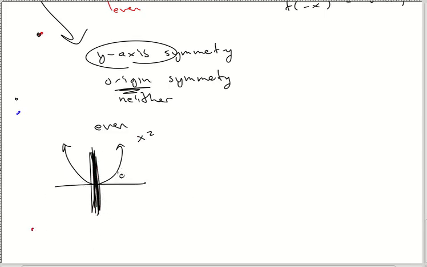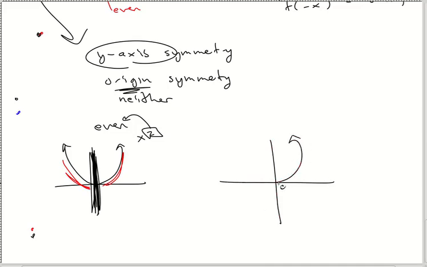Whatever's on this side is the same as this side, kind of like your own face. You go to the mirror, and the two sides of your face are the same. So, even. And I chose x squared in particular because it's an even power. It's all making sense now.